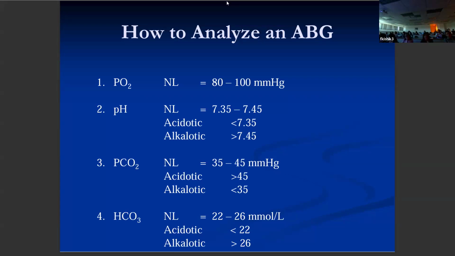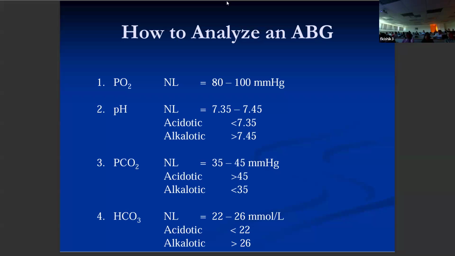What is that? Respiratory acidosis. Now, I told you that pH and CO2 should always be opposite, right? And that the bicarb and the pH should stay together. But what happens if you have the very, very low pH, the very, very high CO2, and the bicarb is also very high? That's your body trying to compensate.